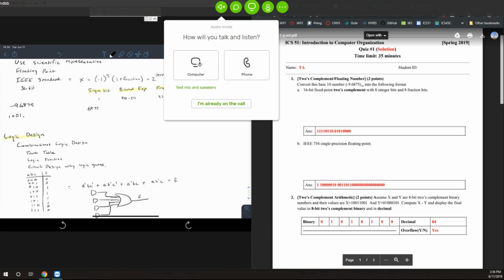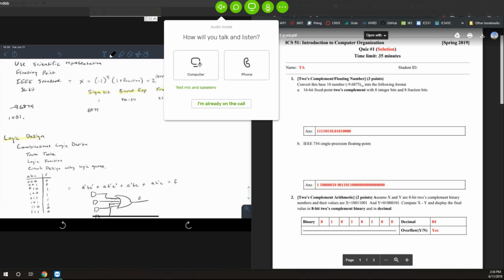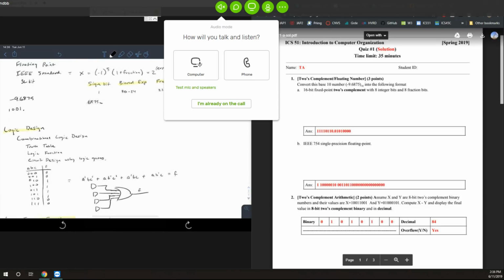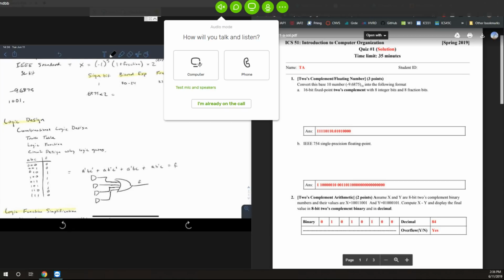If you had to do it the hard way, the chart told you where the ones and zeros should be, and you could just solve it like that. But if you have to do it this way, you multiply by 2 and you get 1.375. I'm just going to use a calculator because I'm lazy.